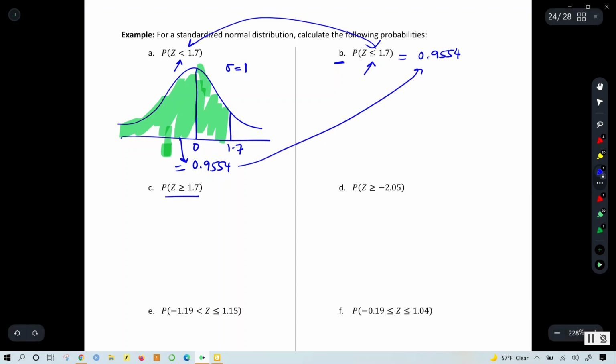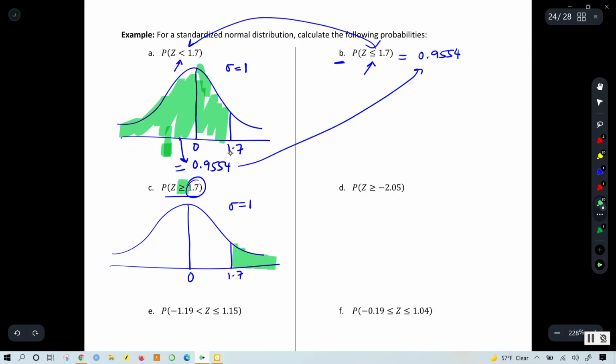Then, the probability that z is greater than or equal to 1.7. I have my standard normal curve, the mean is 0, the standard deviation is 1, 1.7 is a positive number, and I want the region above. So right here.